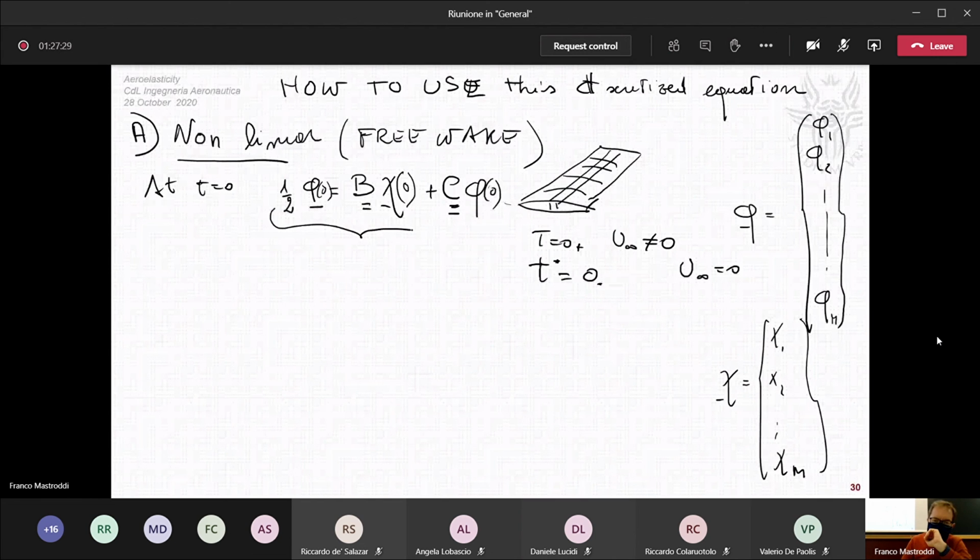Look, this is just 1/2 identity matrix minus C applied to phi vector, equal to B matrix applied to key.